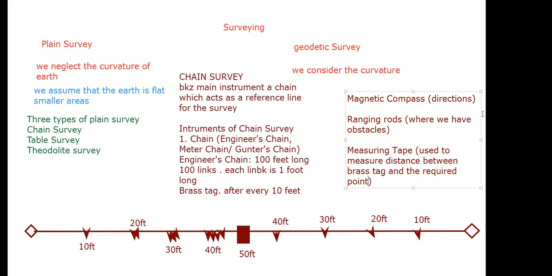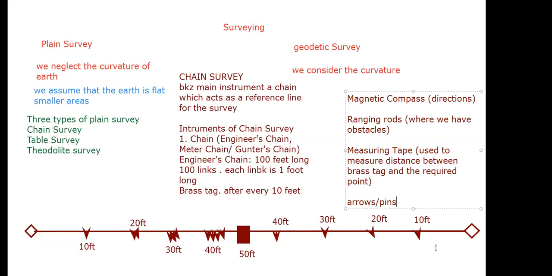Okay, so this is the measuring tape. Then we have other instruments which are either arrows or pins. These are used to mark the points which do not have any specific identification.